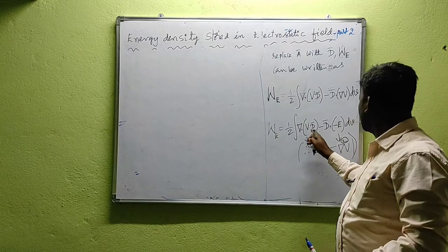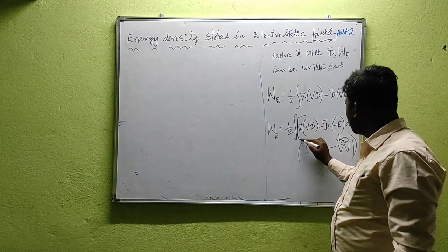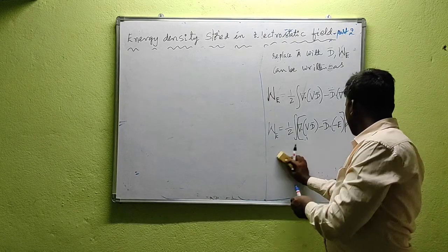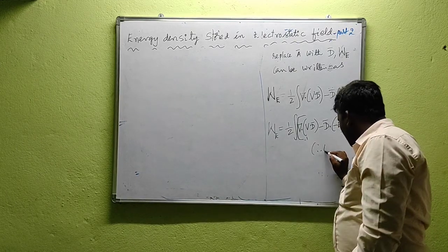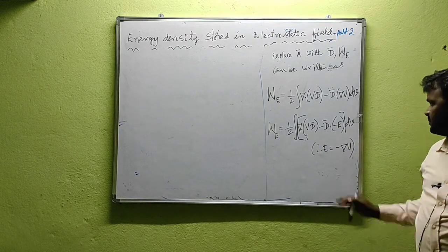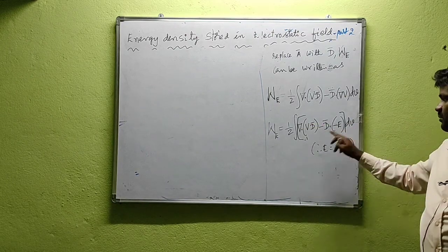Here apply the divergence theorem to this dV, which is applicable to both terms, since E equals minus del V. Okay, this volume integral is applicable to both the terms.